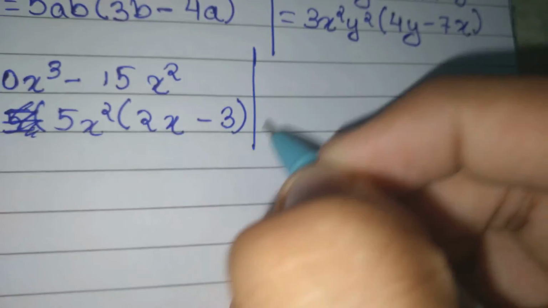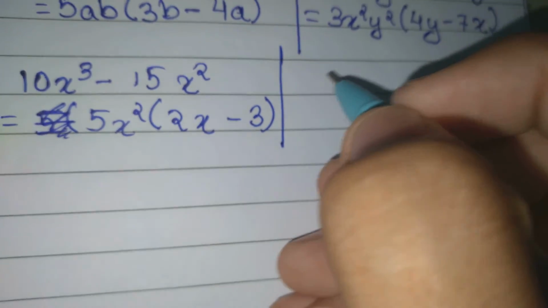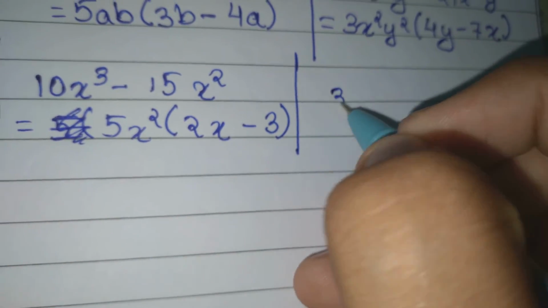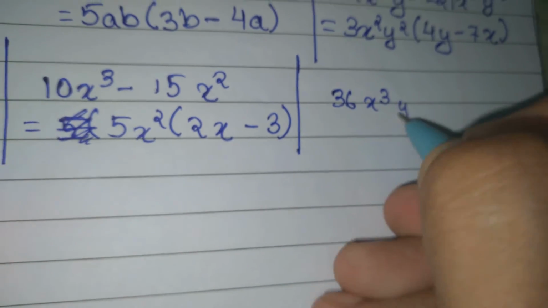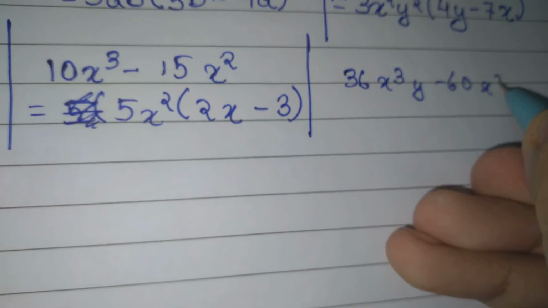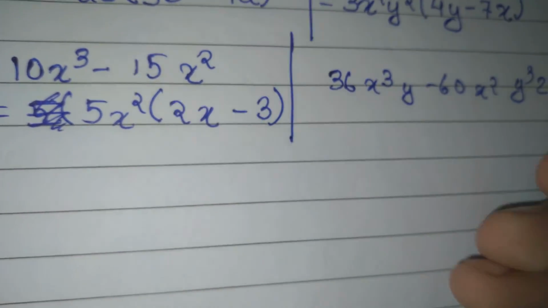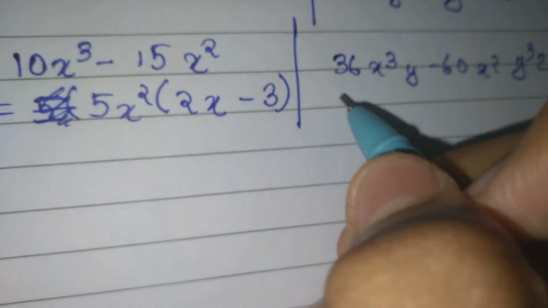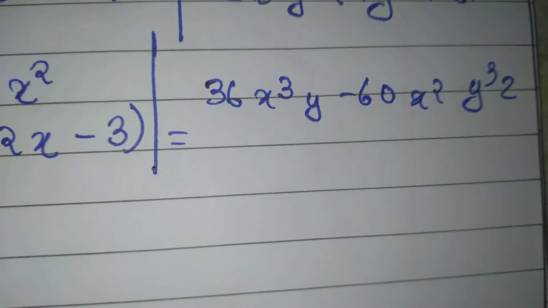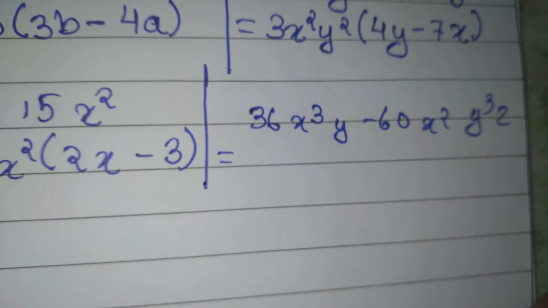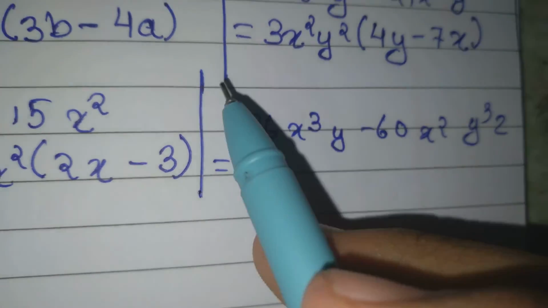Let us do the third question. The third one is 36x to the power 3 y minus 60x squared y cubed z. Sorry, I wrote it like this. Okay. Here we are getting these two terms.